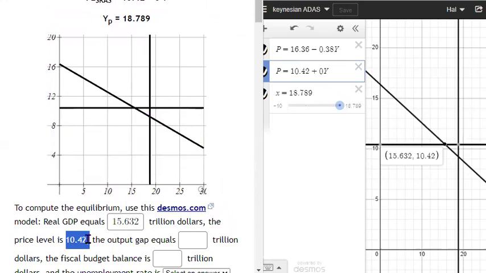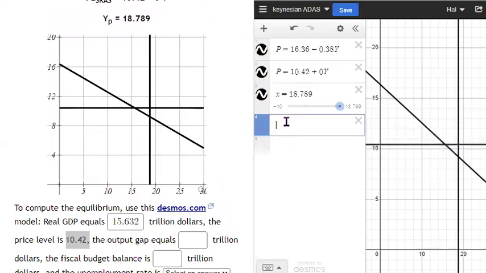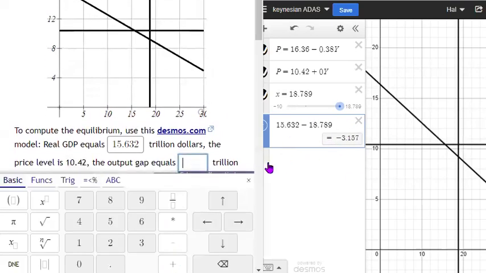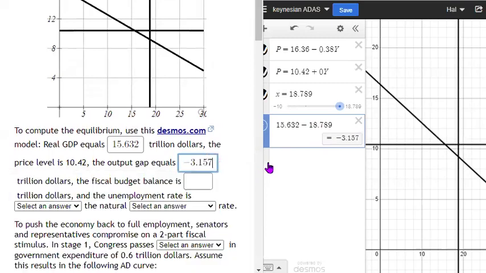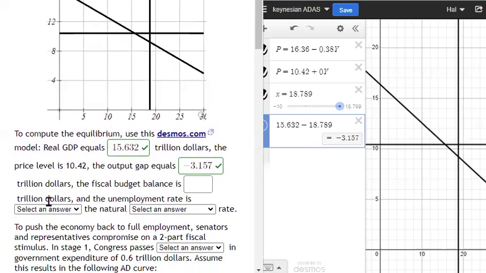Now, the output gap is the difference in what GDP is. GDP is actually equal to 15.632. It's supposed to be 18.789. So there's an output gap here, and that output gap is a negative $3.157 trillion, right?